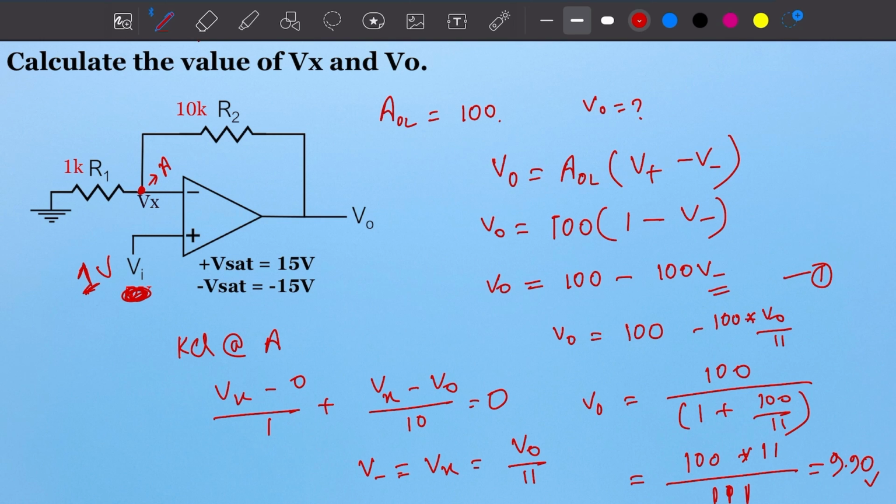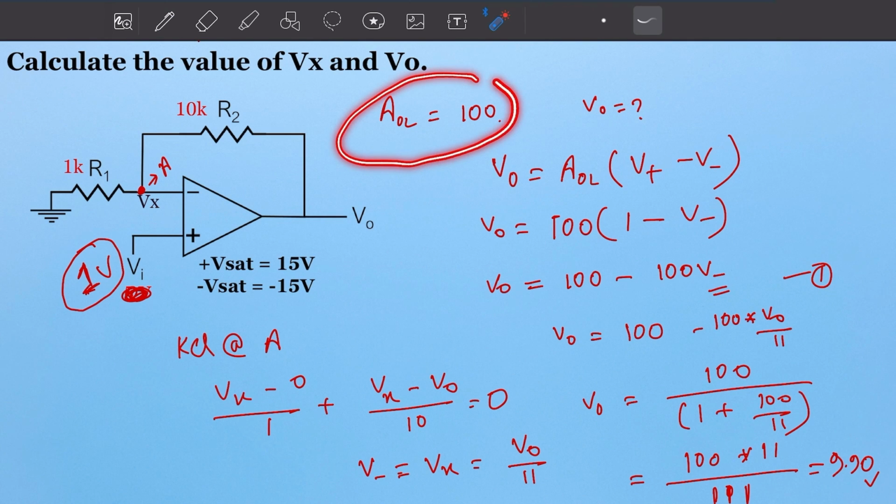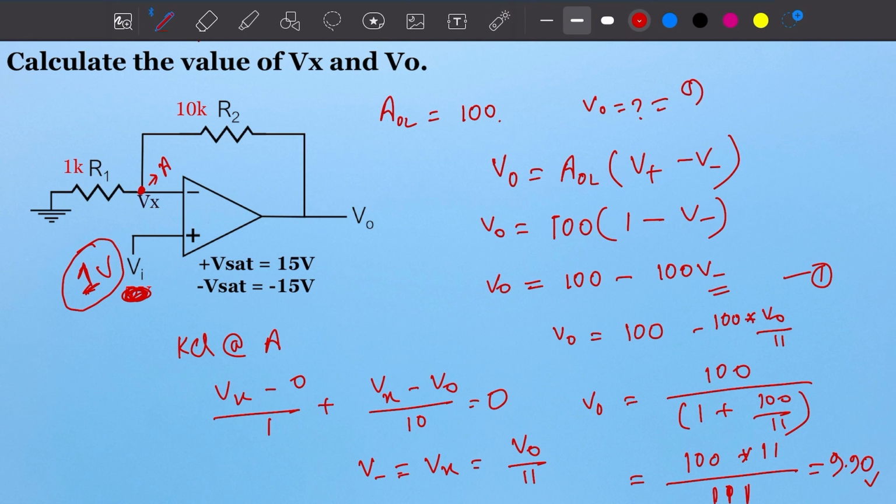That means if the input voltage Vi is 1 volt and the open loop gain of the op amp is 100, then V0 will be equal to 9.90 volt, right?